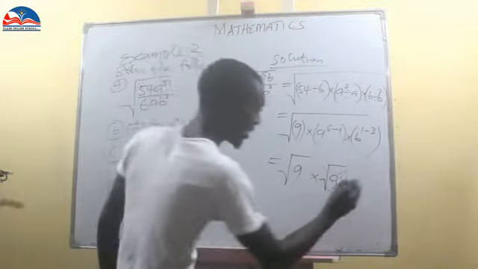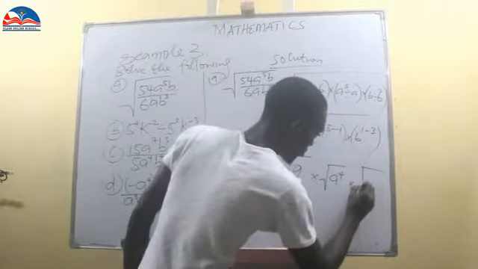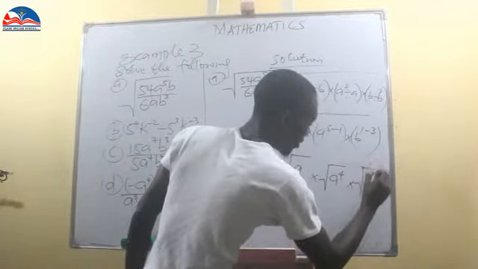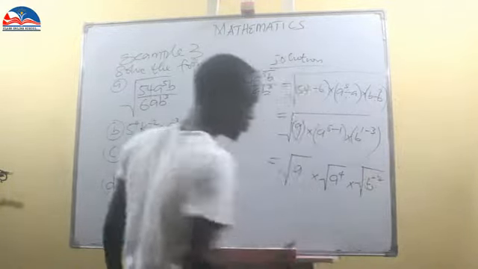So we have the square root of b index minus 2.